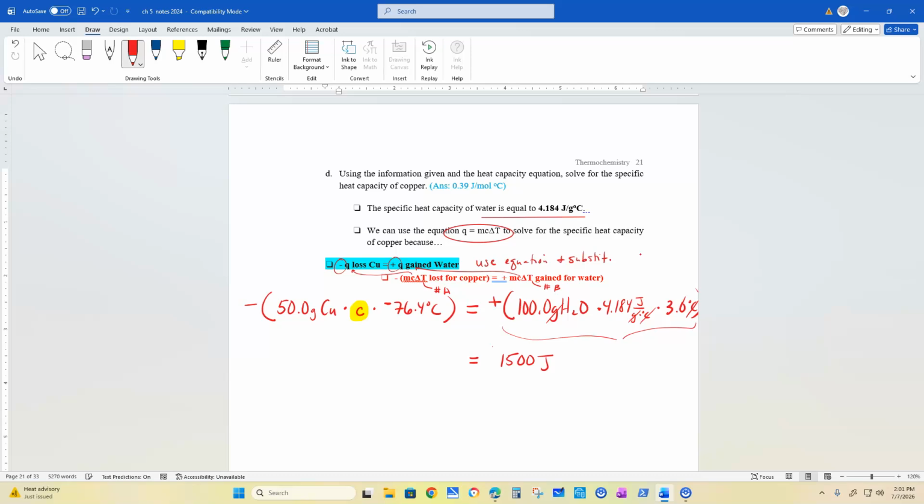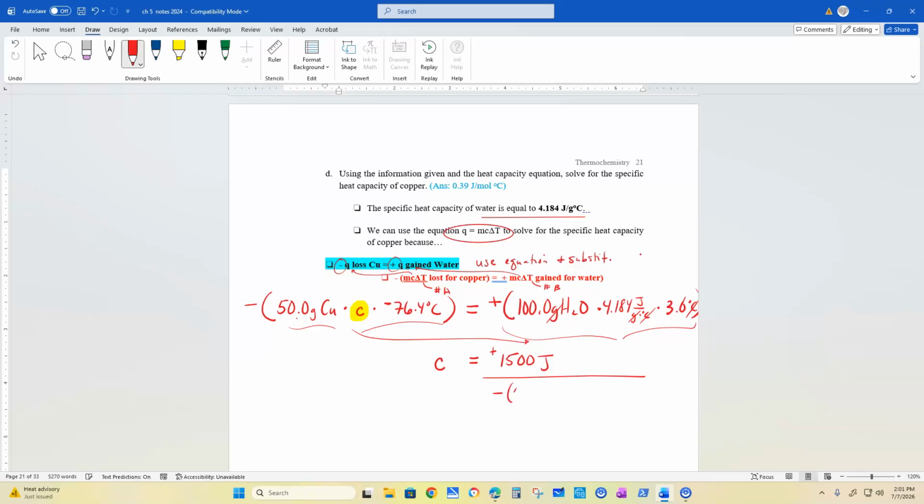Okay, now remember this is positive. I have over here grams and degrees Celsius, and I have letter c, okay? So right here, I'm going to calculate my little c, but I'm going to bring this 50 down, and this 76, I'm going to bring it down here, okay? So this whole thing, we're going to bring down and divide.